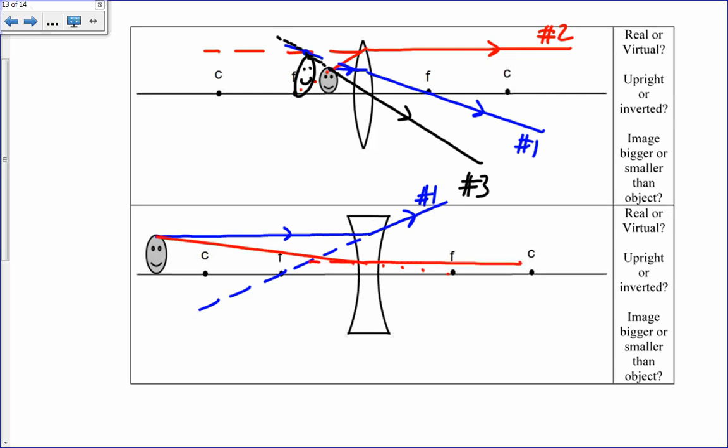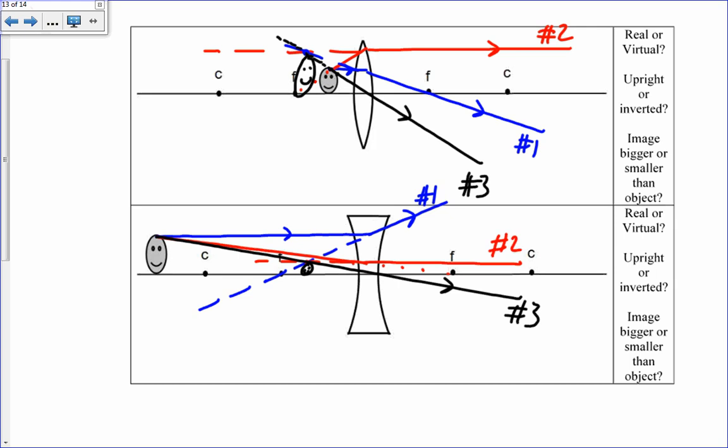I'm going to trace back the virtual ray, and that tells me that my image is going to be right here. So it's going to look something like this. Then I can do one more ray just through the center of the lens. It's going to look like this. This is number 3. This is number 2 right here.